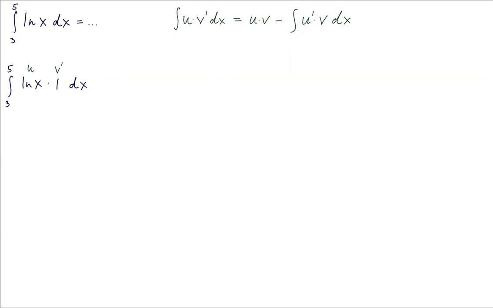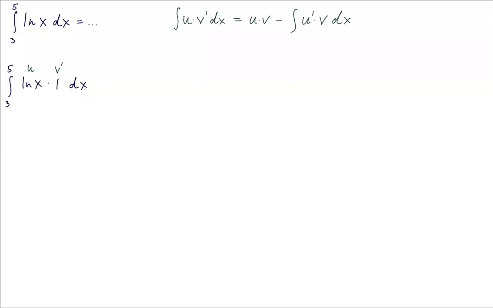Okay, and then I'm going to present a little bit different way of managing these integration by parts, a little bit different from the one you may see in the textbook and the videos, but it will be really helpful in the most complicated problems.